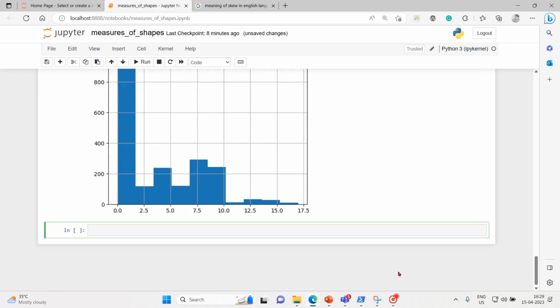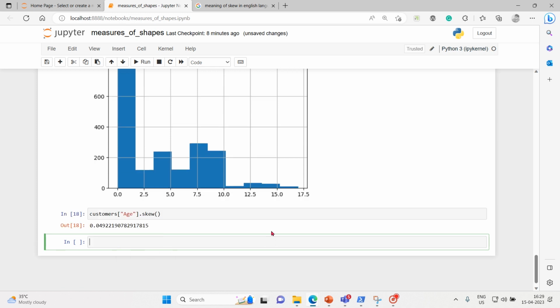Okay, now let me look into the age of the population, how they are distributed. Let's check how our customers are distributed. So age. Okay, it's pretty close, 0.049. It's pretty close to 0.